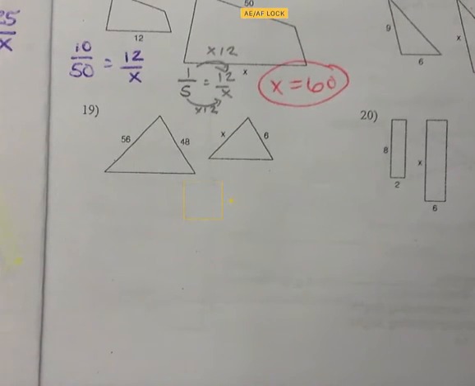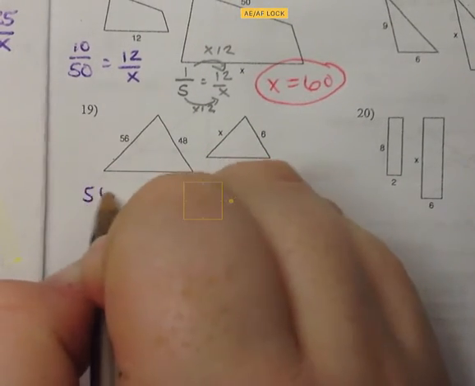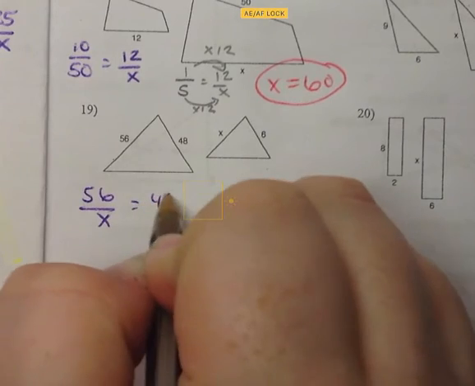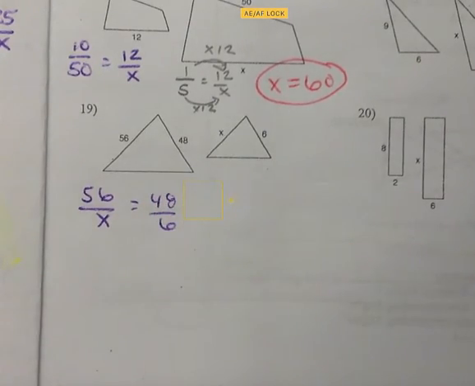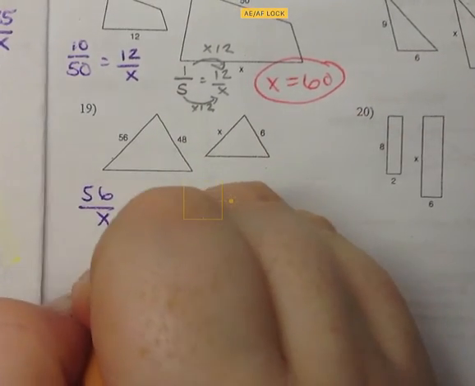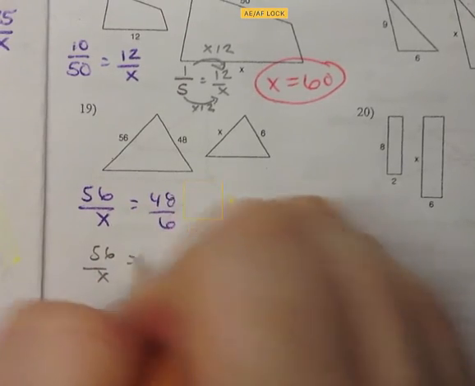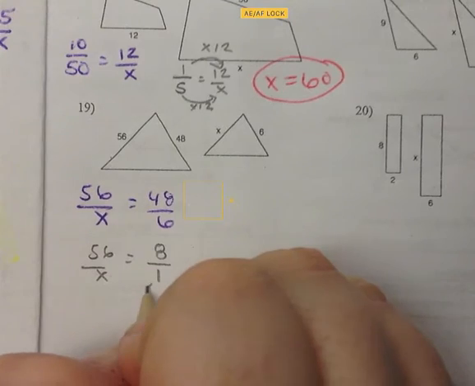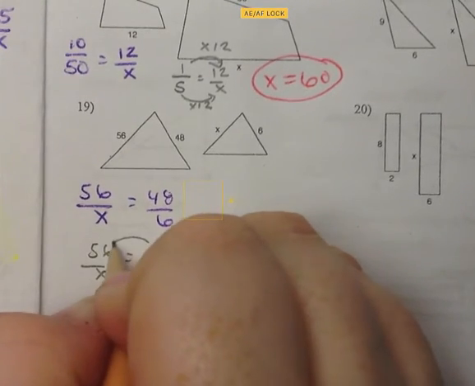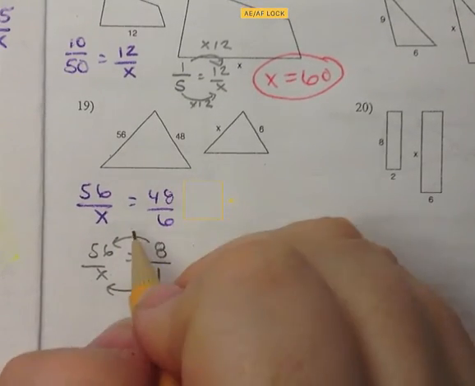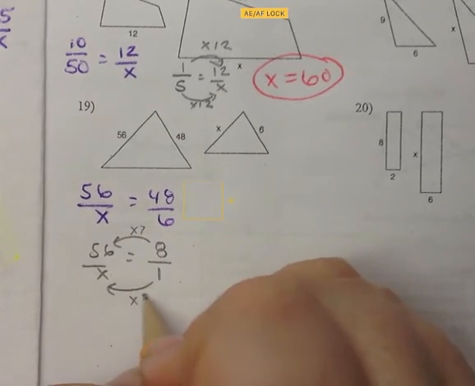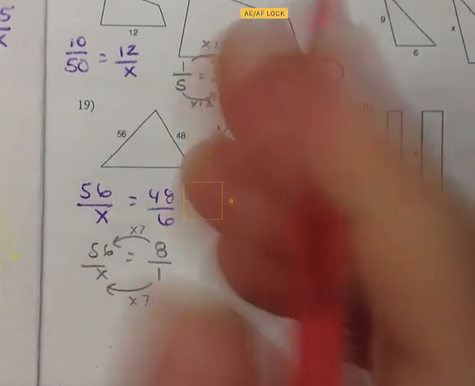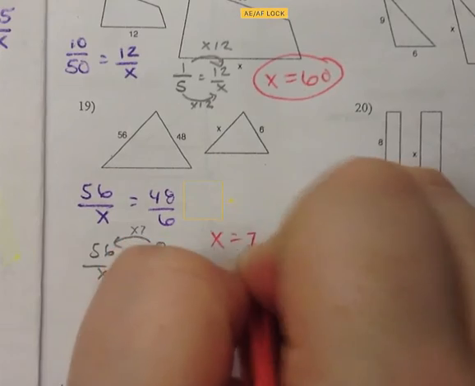On 19, we have 56 over x is equal to 48 over 6. So we have 56 over x is equal to 48 divided by 6 is 8, so it's 8 over 1. So 1 to x, 8 to 56. 8 to 56 is times 7, so we have to times 7. 1 times 7 is 7, so x equals 7.